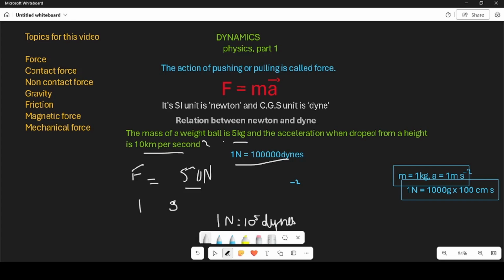So we would get 50 by 1 lakh. Now the point over here would move 5 times. So we'd get 3 zeros right here. So our answer would be 0.0005 dyne.